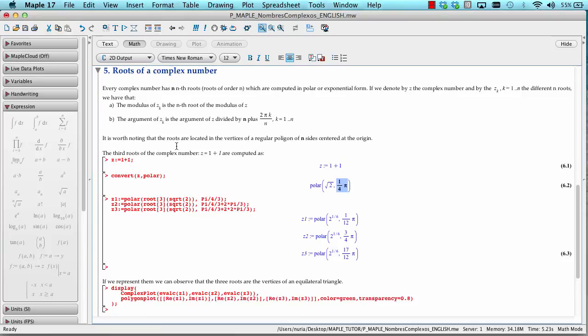Since we are computing third order roots, we have to divide it by 3, like this. Now we have the first argument, which is pi divided by 12. And all the 3 roots are going to be equidistant in arguments. So if the whole circle has an angle of 2 pi, we are going to add 2 pi divided by 3 to the argument we have above. And for the second one, we are going to add 2 times 2 pi divided by 3.